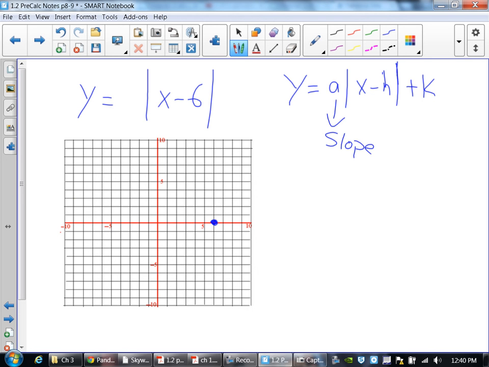Whenever I'm talking about this a value, I'm always thinking about it in terms of slope for the right hand of the absolute value graph, because that one has a positive slope of 1. And for it to be symmetrical, I just have to go the opposite of that, a slope of -1. And that's how that works.